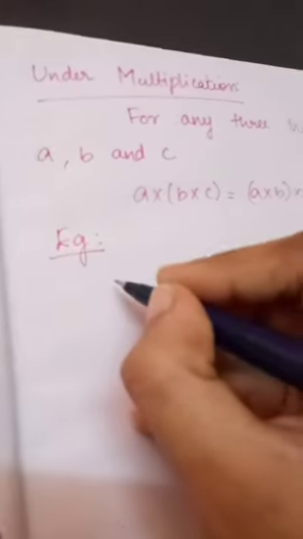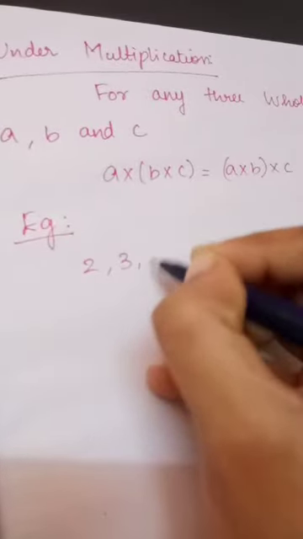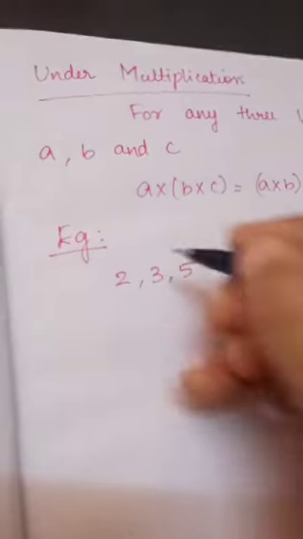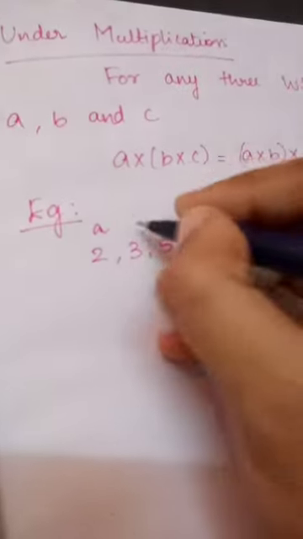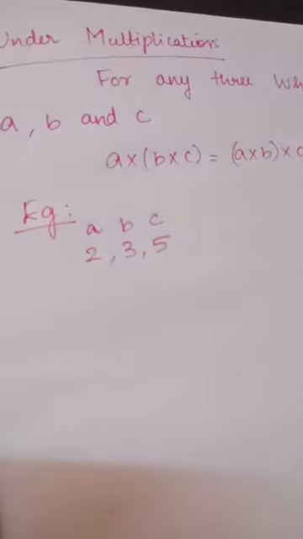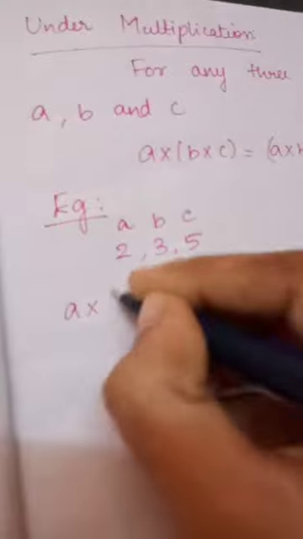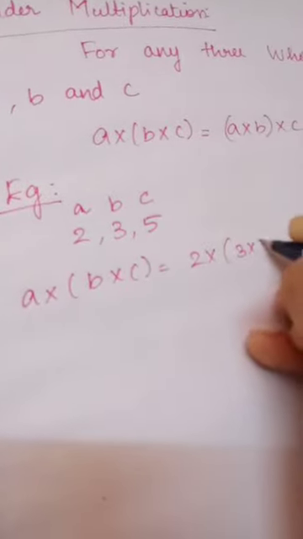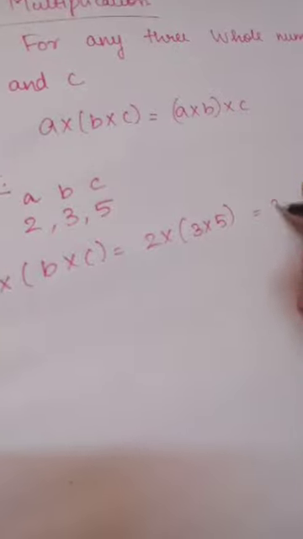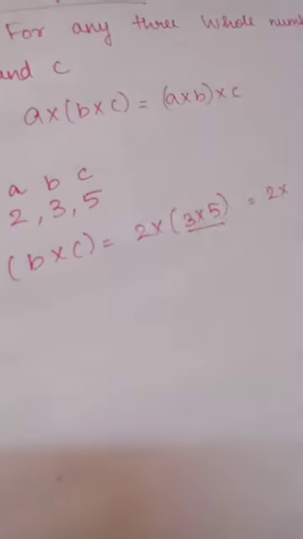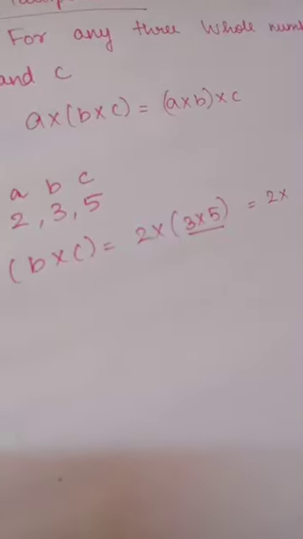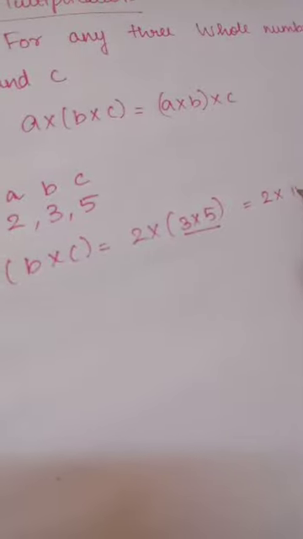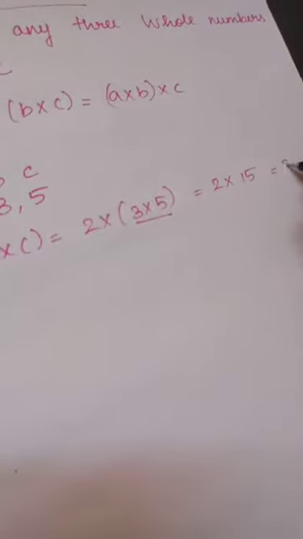Example: I am taking three whole numbers 2, 3, 5. Here A is 2, B is 3, C is 5. So A into (B into C) equals 2 into (3 into 5). First we should do the operation inside the bracket by BODMAS rule. 3 fives are 15, 15 twos are 30.